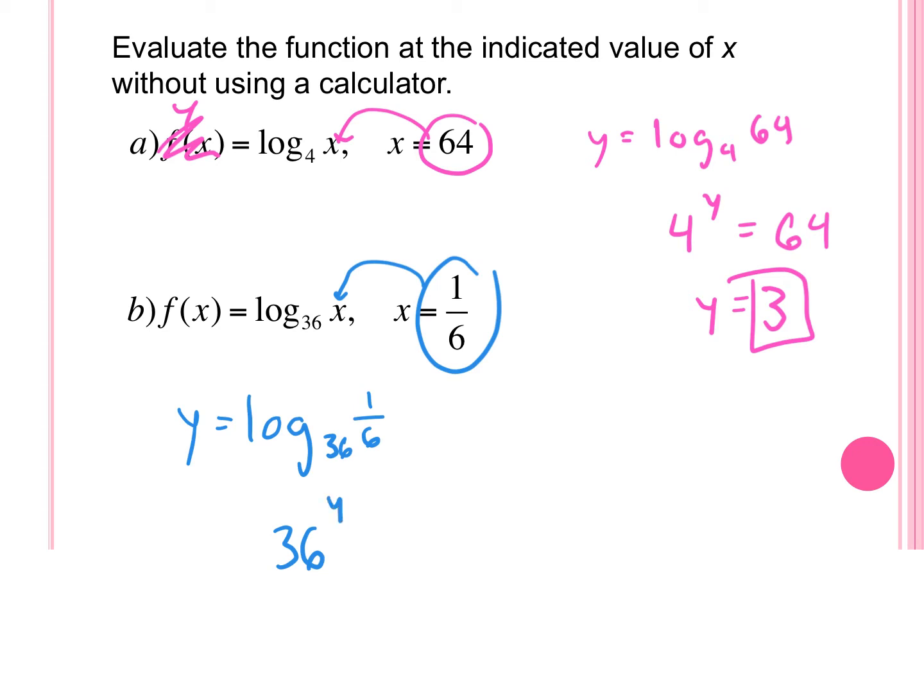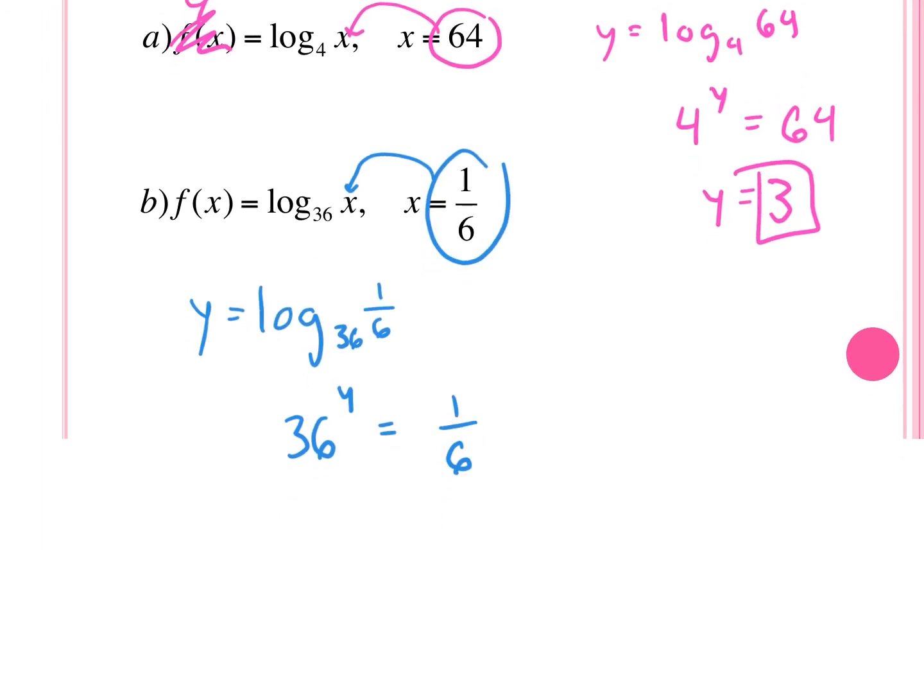Y. And then it's equal to 1/6. So 36 to what power gives me 1 over 6? 1/2. Negative 1/2 would just be 6, but how does it equal 1 over 6? What's needed? Negative. So y would be negative 1/2.